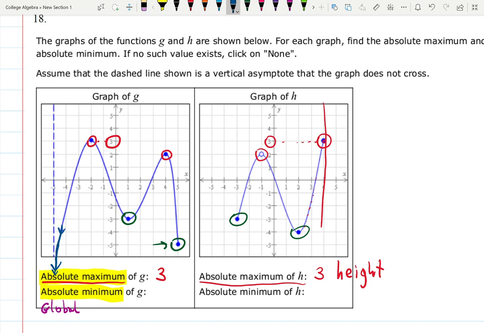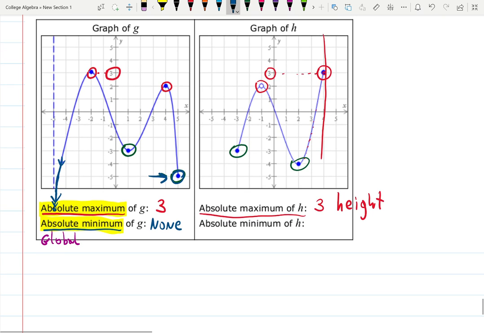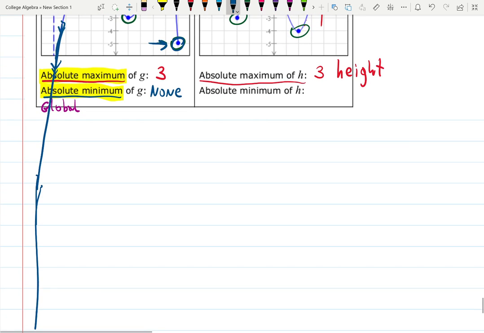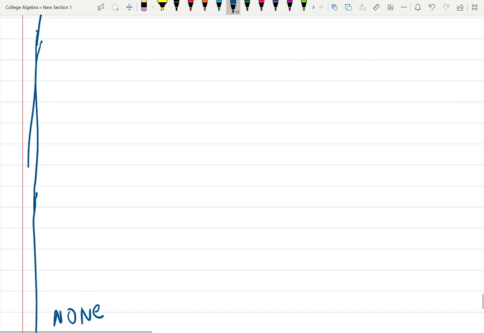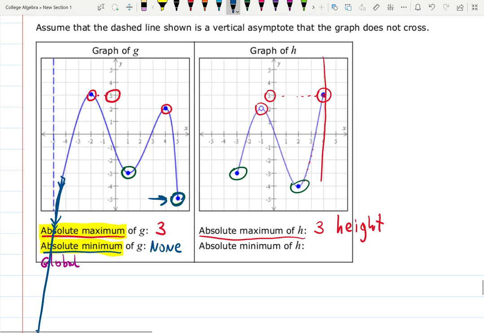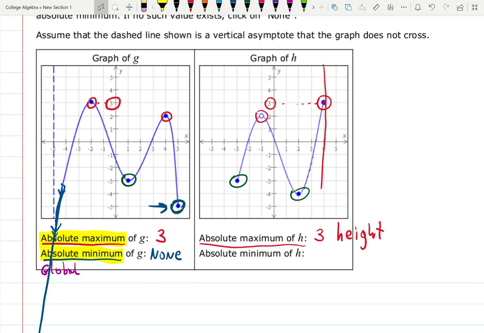That's why there is no absolute minimum for the function on the left, because it keeps decaying forever. How much do you want me to draw to show you that it is going forever? There are local minimums, of course, like those two pits I just mentioned, but not the absolute one.